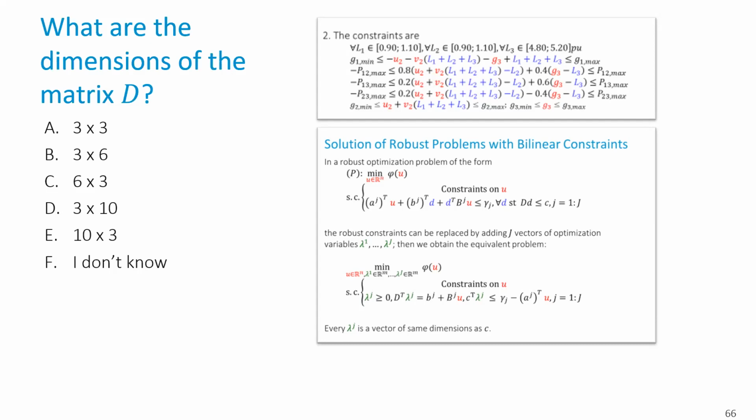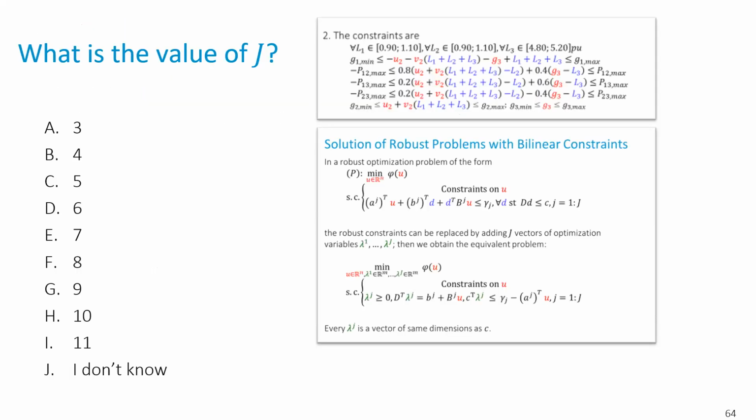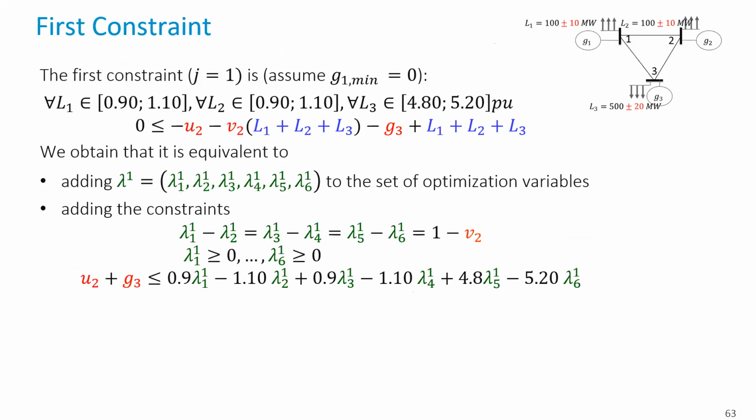Why did you say dimension 6 each? Well, because you've seen it here. The one vector of Lagrange multipliers has a dimension which is given by the number of inequality constraints on the disturbance. We have 6 inequality constraints.